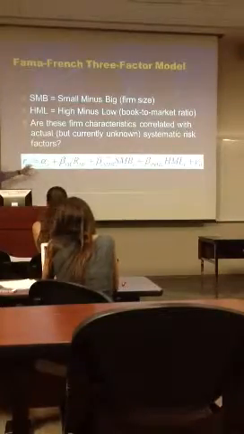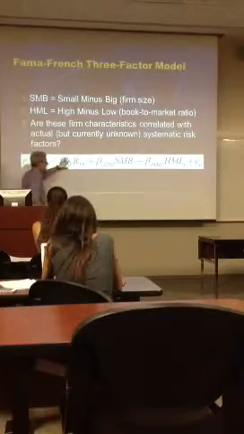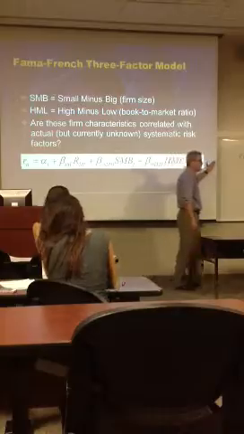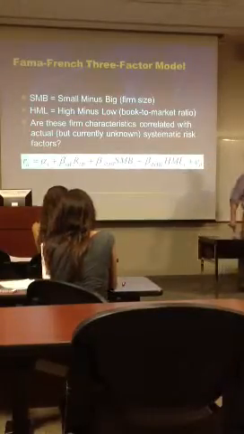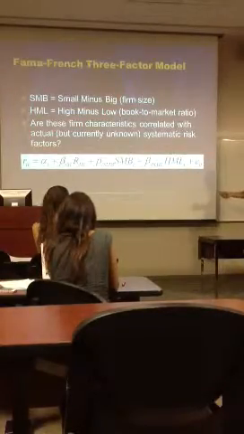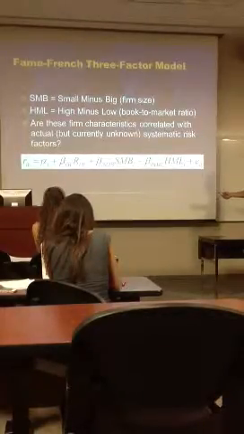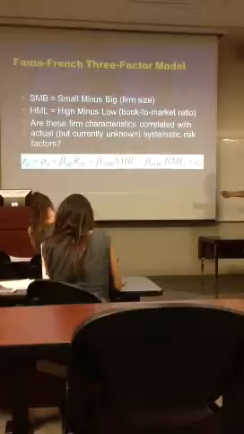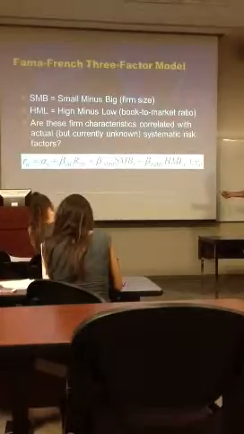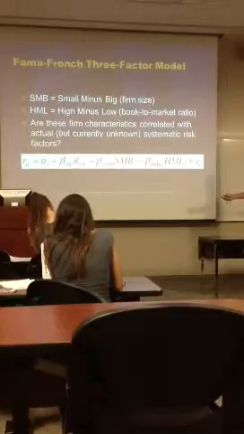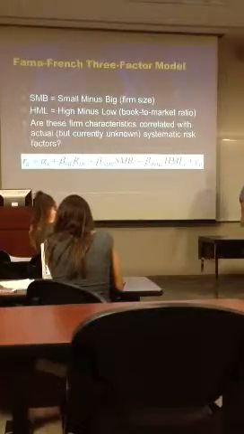Okay? But the problem with this framework as a model of risk and return is it's totally ad hoc. And what I mean by ad hoc is that there's no theory for why high market-to-book firms should have different returns than low market-to-book firms, or why size should matter after we control for beta.